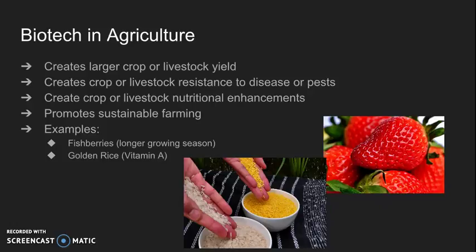The idea is that if we can produce these larger crop yields or livestock yields using the same resources, we can feed more people with the same amount of cost.